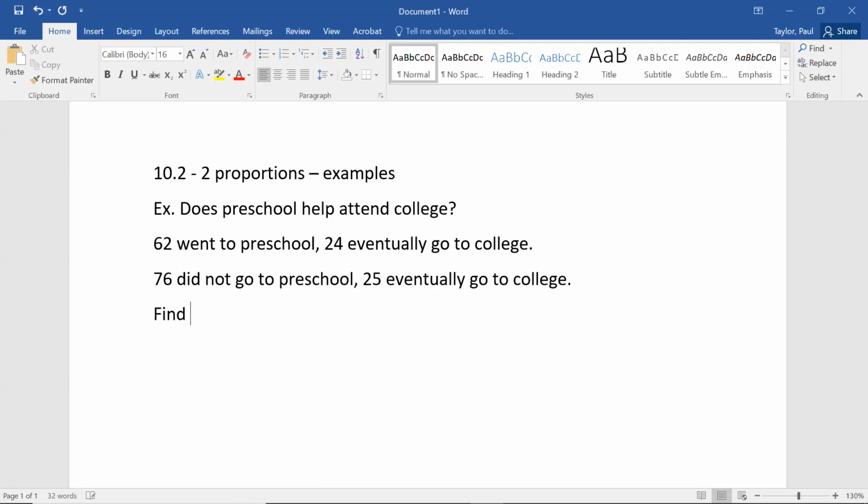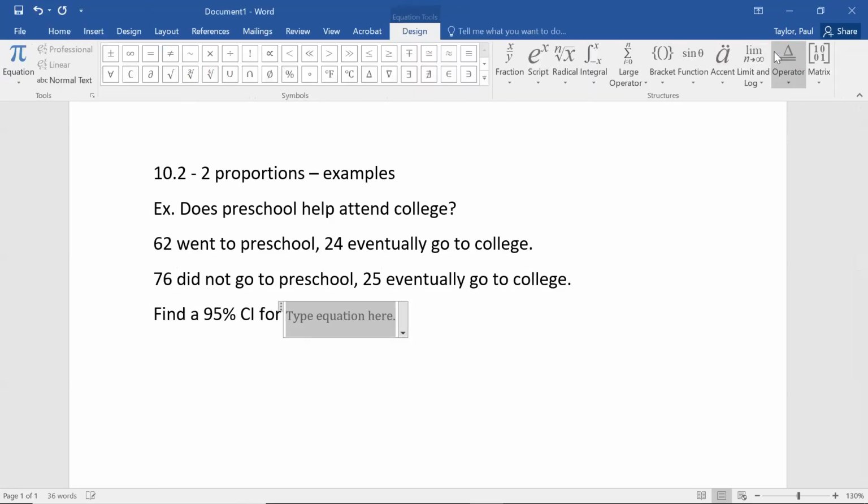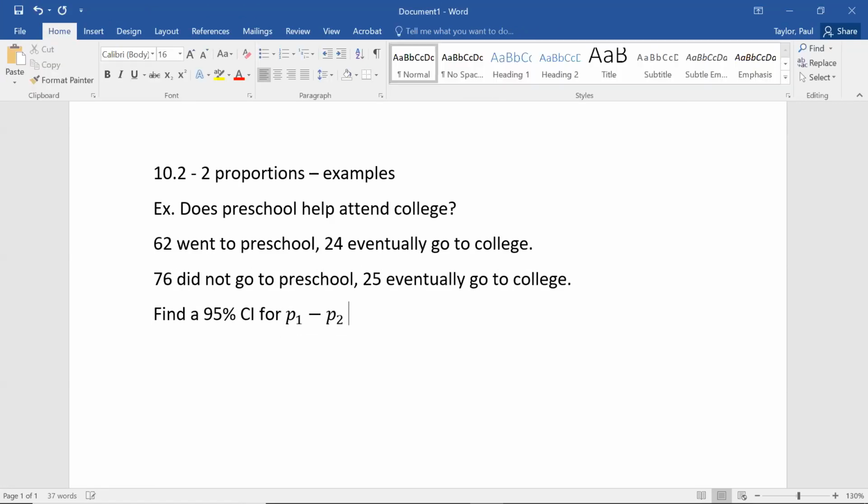Okay, so let's find a 95% confidence interval for the difference between the two proportions. So P1 minus P2, and by that I mean the proportion going to college from the preschool group minus the non-preschool group.